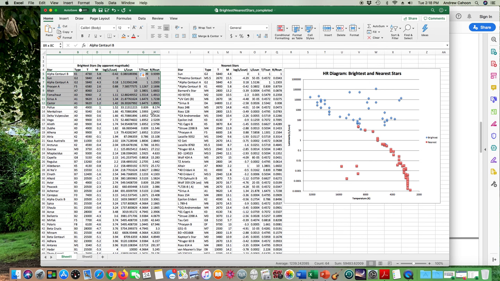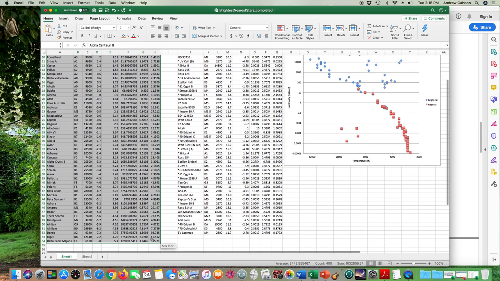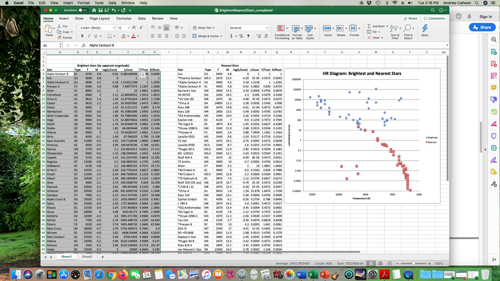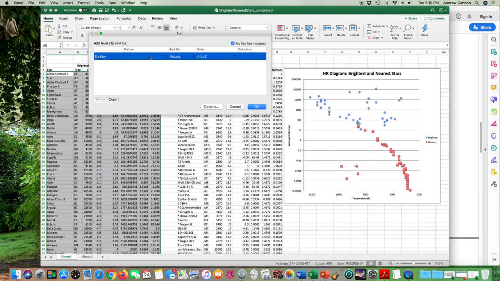Now, it's important that you highlight the whole table before you sort it. Otherwise, it will just sort what you highlighted. So I want to highlight all of the data here, and I can sort it. So if I want to know what is the biggest star among the brightest stars, I can custom sort by the column R over R sun, so the radius.